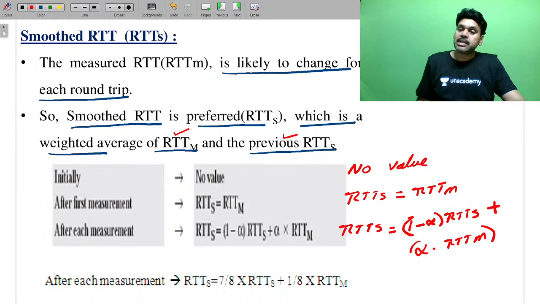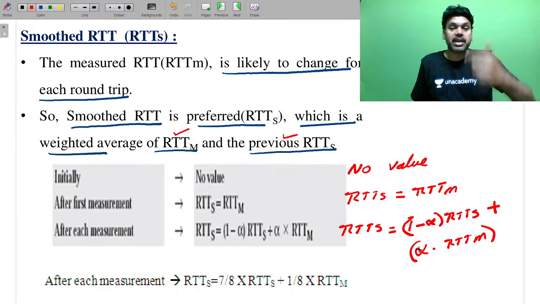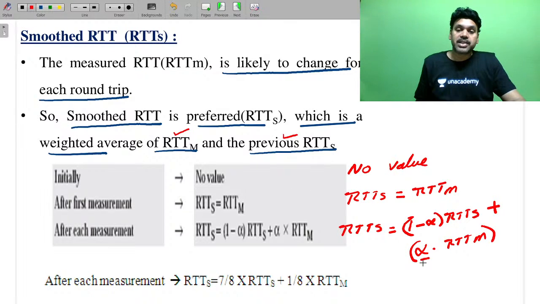So we are taking a weighted average of your RTTS and RTTM. Here alpha is your internal delay factor; naturally it is 7 by 8 of your smoothed RTT and 1 by 8 of your measured RTT.